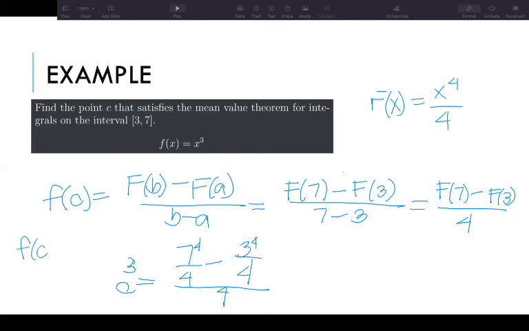Remember, f(c) equals c cubed. So from here, it becomes this one. 7 raised to the fourth power is 2,401 over 4, minus 81 over 4, all over 4.